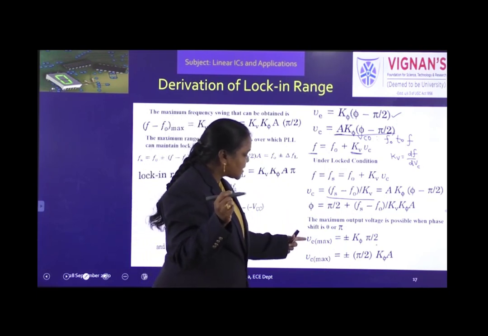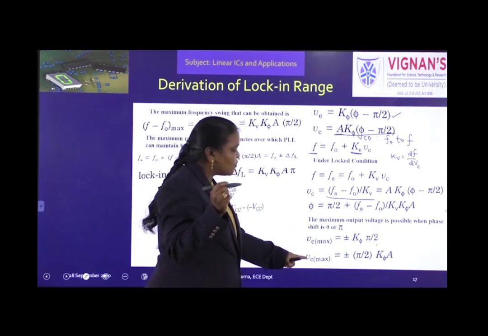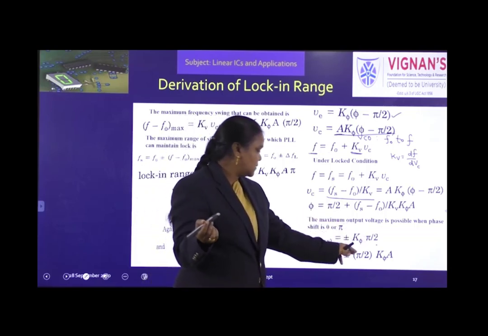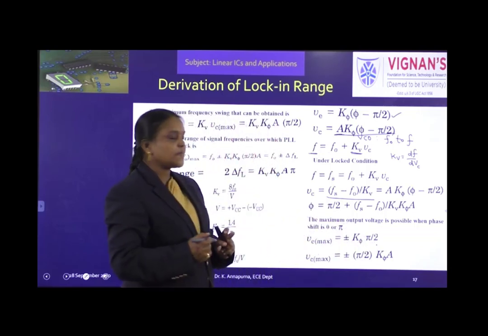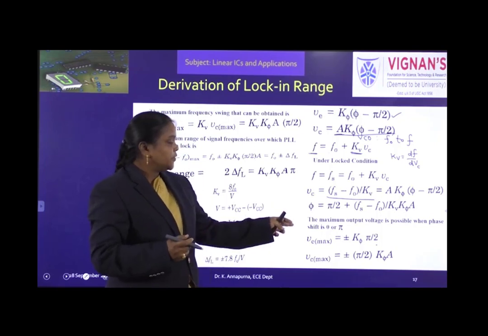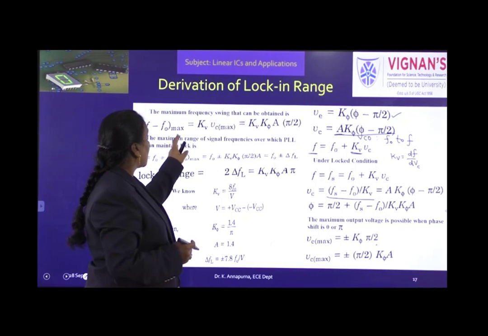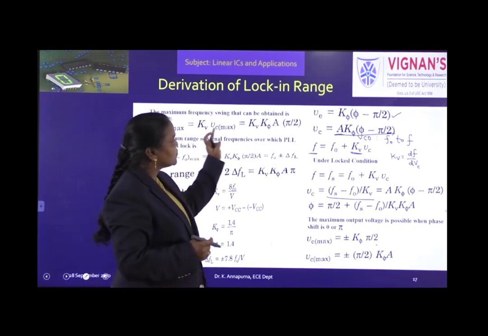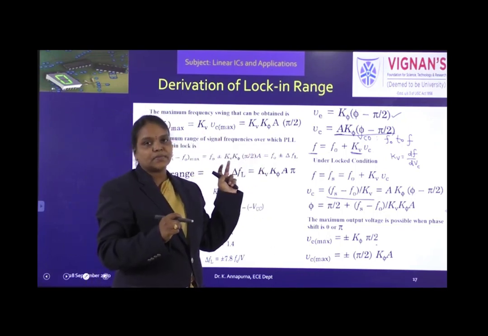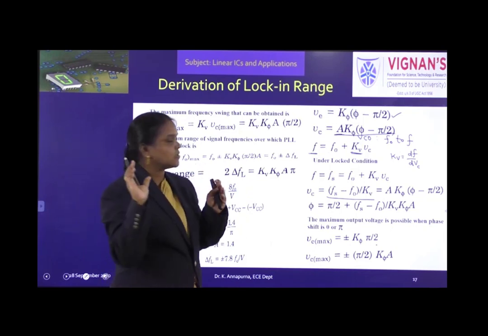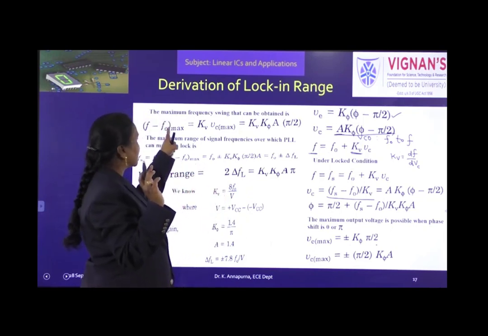And if it is the maximum error voltage, what is the maximum control voltage? Just this value into the amplifier gain A. So plus or minus pi by 2 into k phi into A. And now the maximum frequency swing that can be obtained, that is how long it can maintain the lock. So that is F minus F naught max.